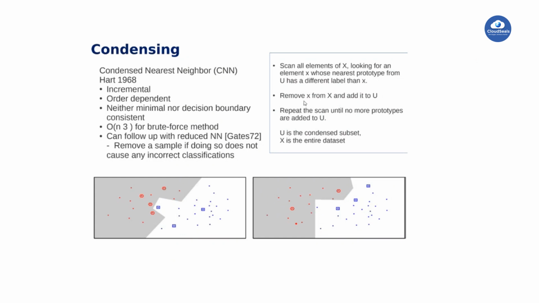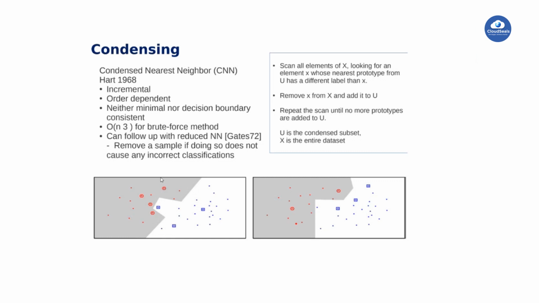What you will do? Whatever is misclassified, you remove that data point from X and assign it to U. Then repeat the scan until no more prototypes are added to U. So U is the condensed subset.